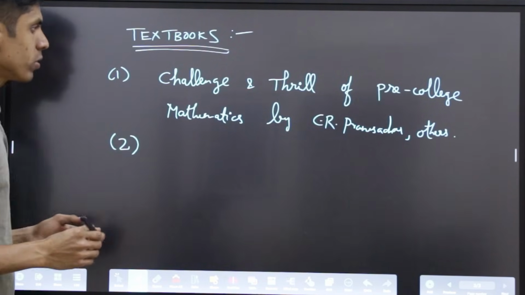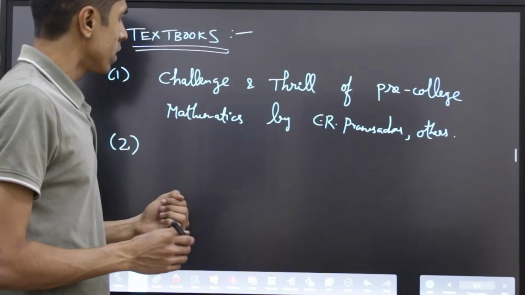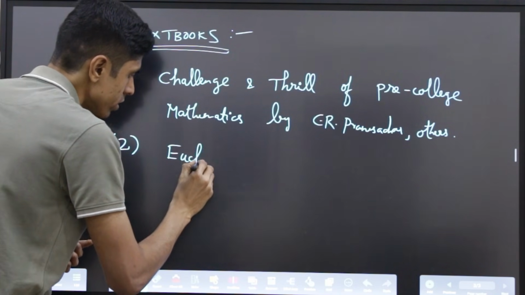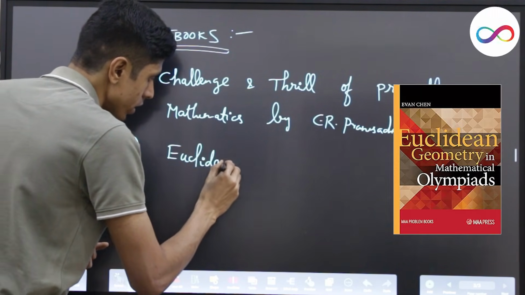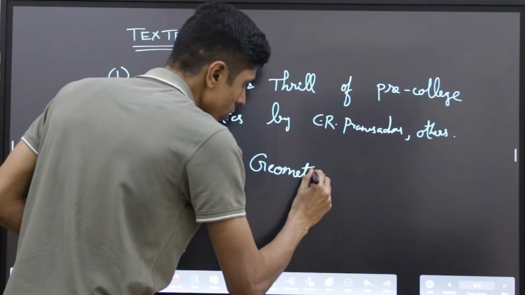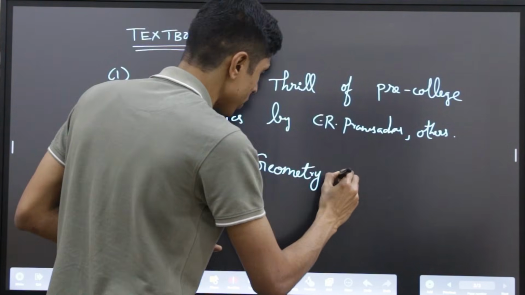Secondly, if you get proficient and skilled with this book, proceed to the next, which is Euclidean Geometry in Mathematical Olympiads, with the acronym EGMO. It stands at the forefront of Math Olympiad preparation.